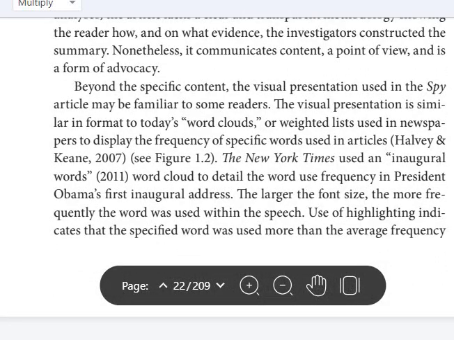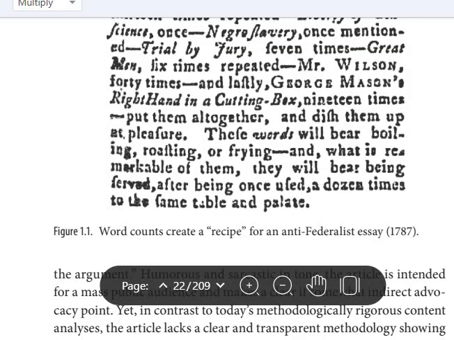Okay, we should understand that the Spy article, which was used in politics, depended on the word count, which is the basic content analysis. The larger the font size, the more frequently the word was used within the speech. As you can see, this is an example from this newspaper.